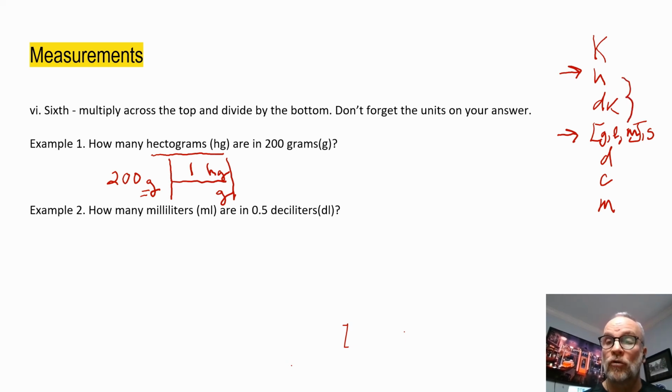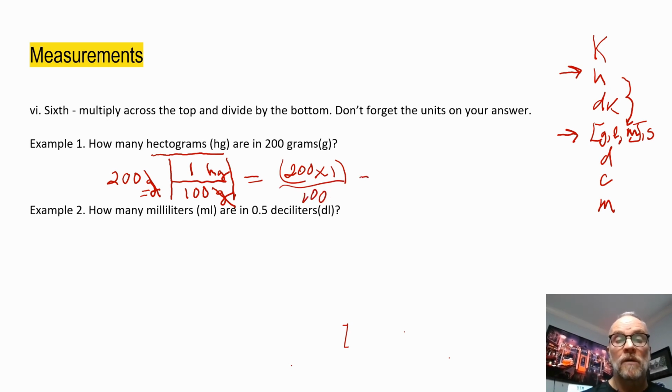There's 1, 2 steps, right? 2 steps, so we have 2 factors of 10 or 100. And then, so grams will cancel. And 200 times 1 divided by 100 gives us 2 hectograms. Here, since we don't have a decimal, we just got 1 significant figure in our problem.